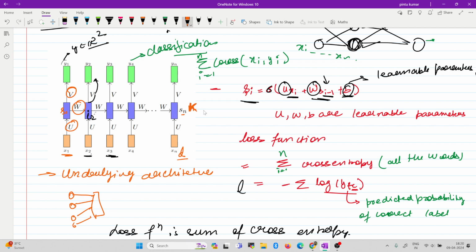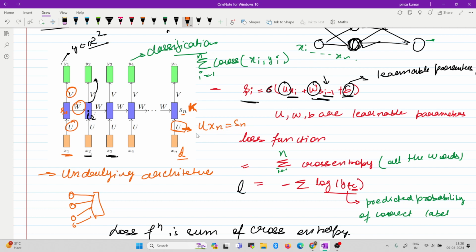We don't want to check whether k is greater than or equal to d, or d is greater than or equal to k. We are not interested in that. If you just want to check the number of learnable parameters, the learnable parameter over here is U. The only thing that you need to learn is U. You need U to be such a matrix that U times xn is your Sn.